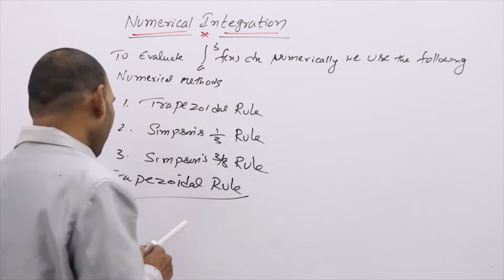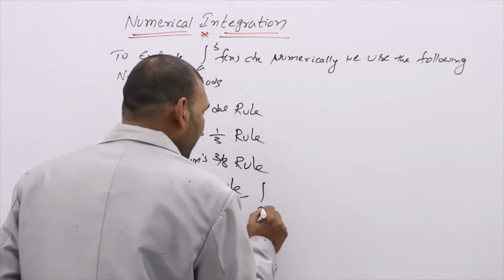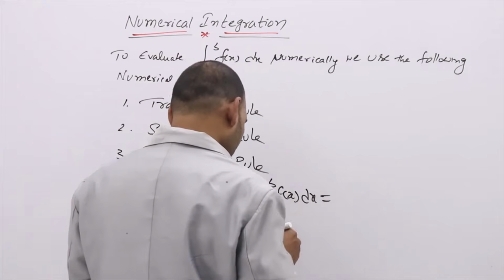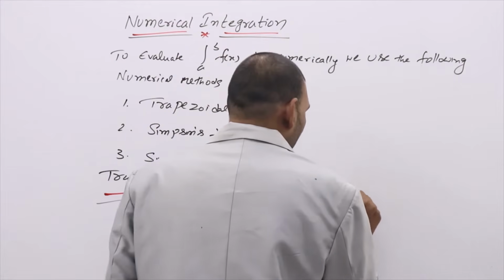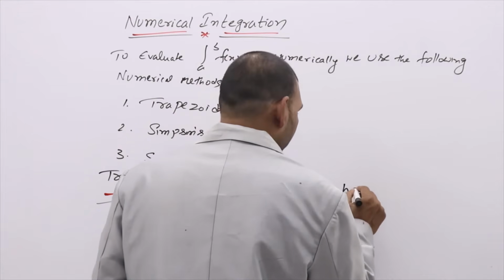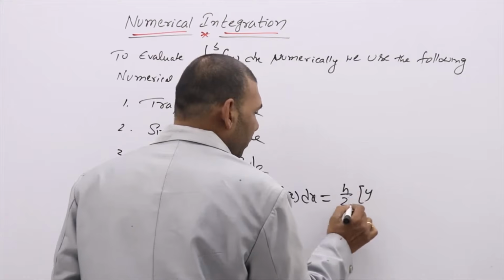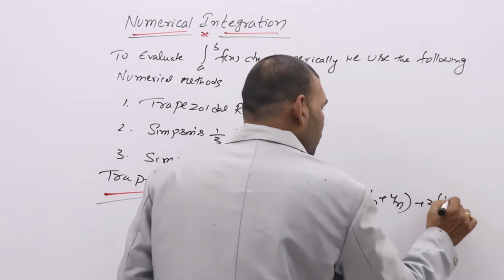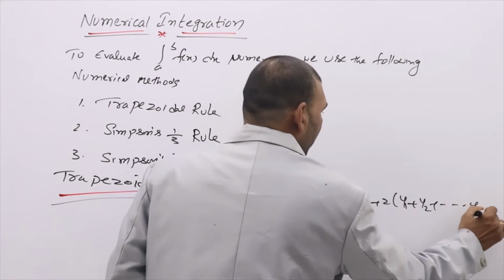The formula for the trapezoidal rule is the integral a to b f of x dx equal to h by 2 into y0 plus yn plus 2 into y1, y2, and so on up to yn minus 1.